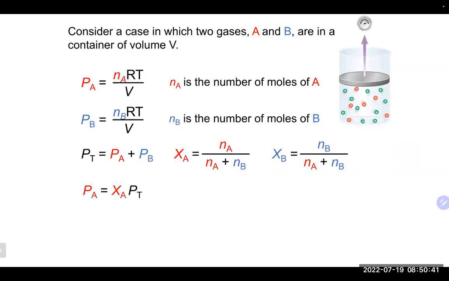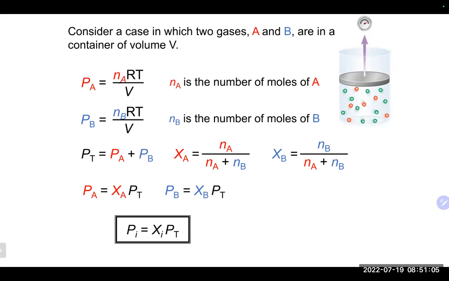Now, in a situation where perhaps we don't have enough information to use the ideal gas law, but maybe you have enough information to figure out the moles of each gas that are in there, you can also still figure out partial pressures if you know something like the total pressure, or if you know one of the partial pressures.